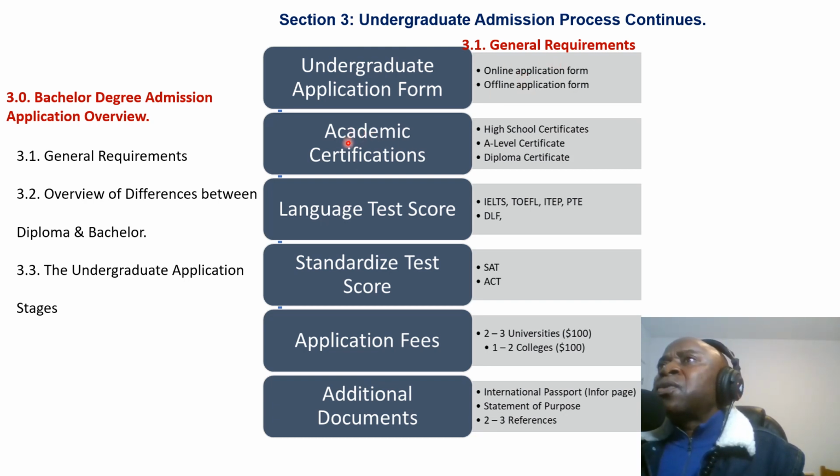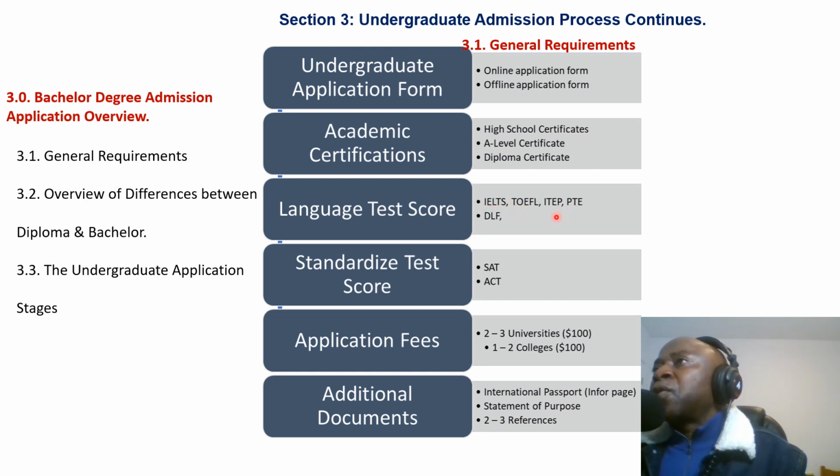Then also part of the general requirement is you have to provide academic certifications. What is your highest academic qualification? Either you have a high school certificate, A level, or diploma, depending on which one is applicable to you. Then also, especially in Ivy League schools and competitive universities, they may require you to show evidence of language proficiency like IELTS, TOEFL.